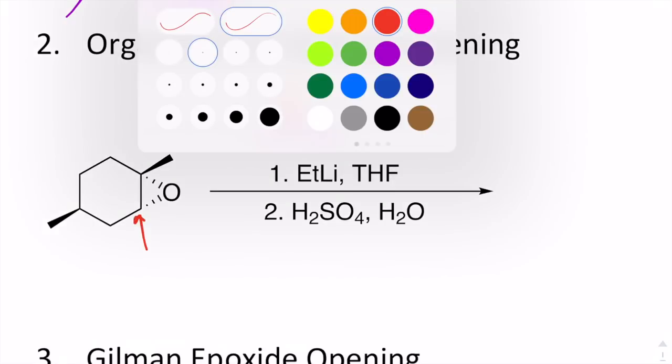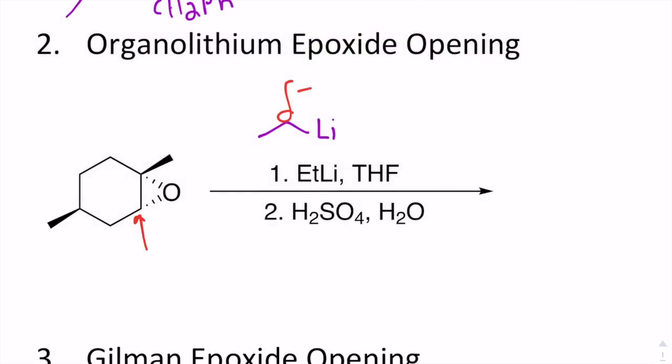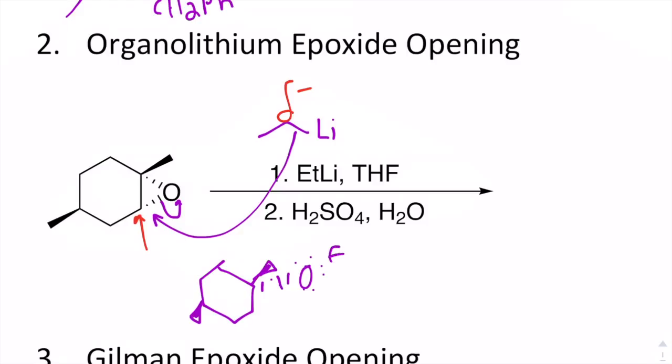So the mechanistic arrows for that, let's just go back to purple, would be something like this, okay? So the product of step 1, let me just draw that real quick, would be something like this. Okay, and then the final step is again just another protonation step, so it's going to look something like this.